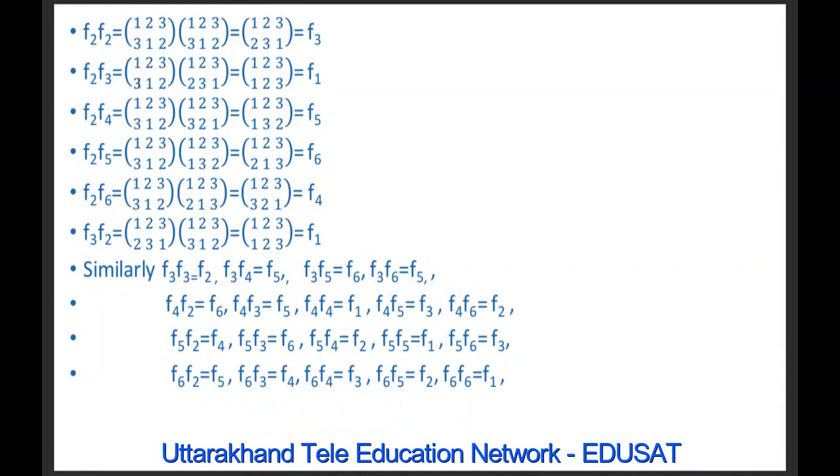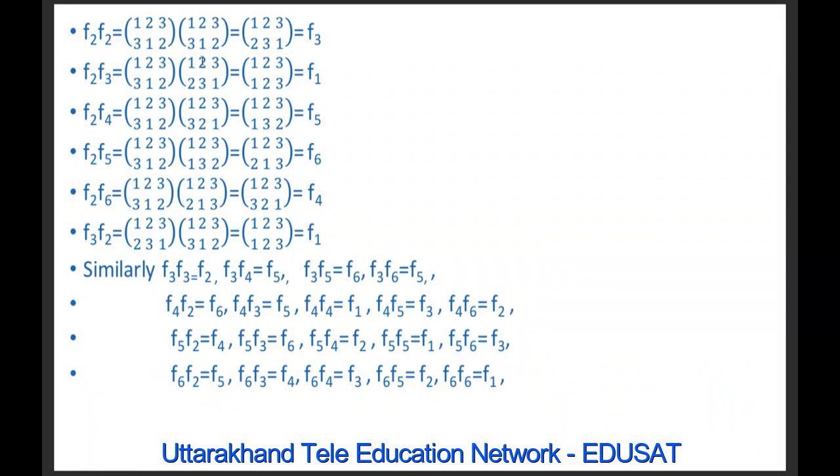The image of 1 is 3 in F2 and the image of 3 is 1 in F3. So I have written 1 under 1. The image of 2 in F2 is 1 and the image of 1 under F3 is 2. So I have written 2 below 2. The image of 3 under F2 is 2.